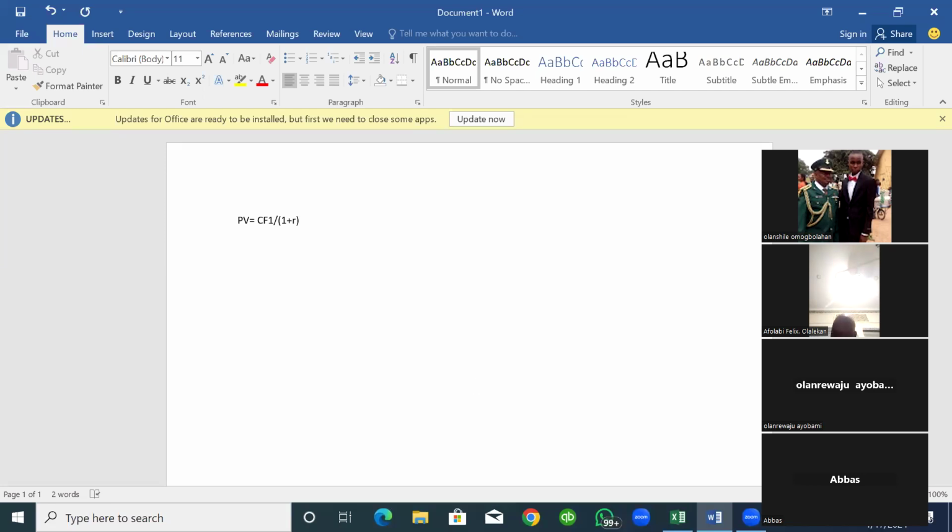So let me be calling out the formula because some people might not understand what I'm writing here. What this means is cash flow of year 1 over 1 plus R raised to power year 1. Cash flow CF of year 1 over 1 plus R raised to power 1.